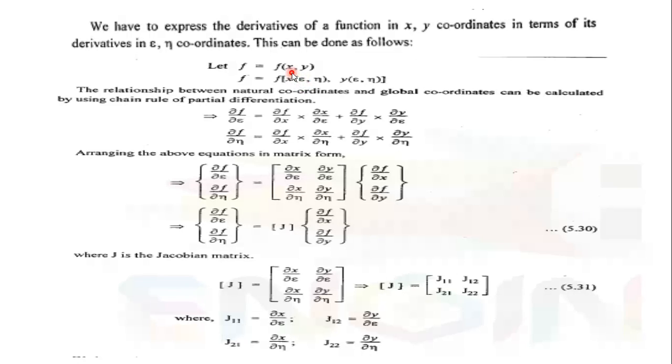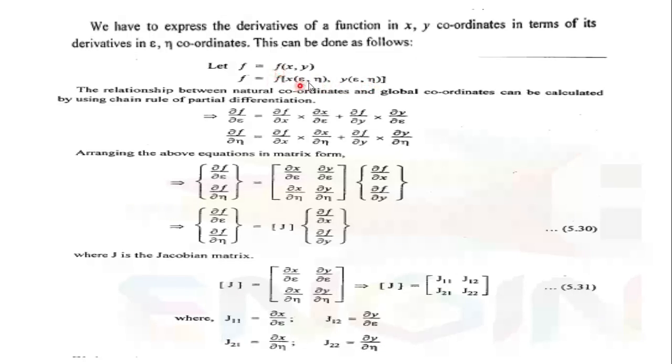We cannot exactly locate the eta and zeta position, because we are changing the entire coordinates, so the eta and zeta position also changes. That's why we represent x as depending on eta and zeta, and y also depending on eta and zeta.